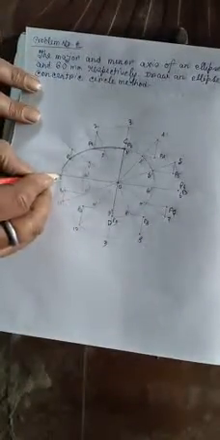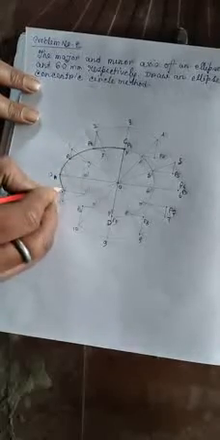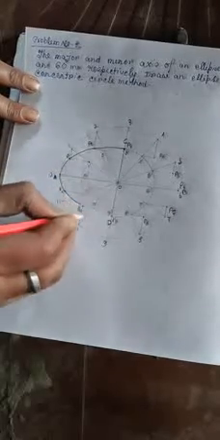Now join these points with a curved line. Here you can see we join these points with a curved line.